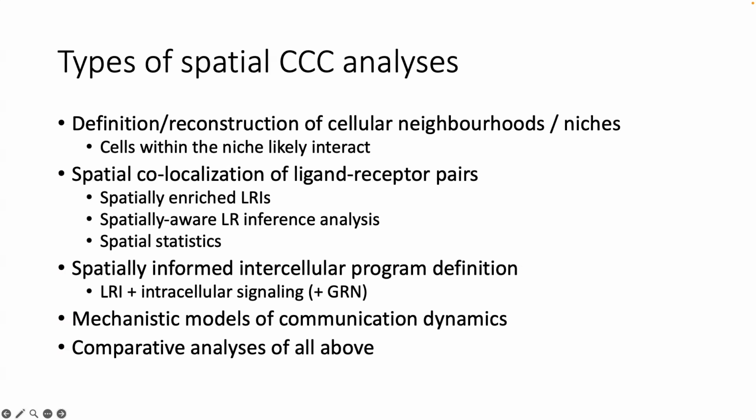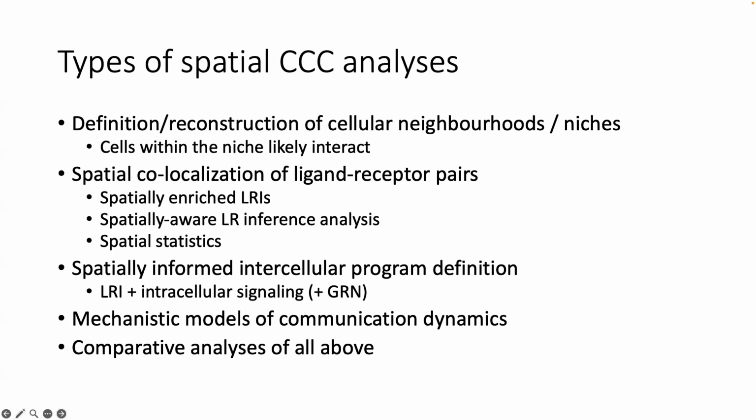You can do more complex things like looking at intercellular programs and intracellular signaling and incorporating, for example, the gene regulatory networks that are maybe in the sender cell driving the communication, and in the receiver cell putting the communication into a difference in the cell state of the receiver cell. So these are more complex types of tools.